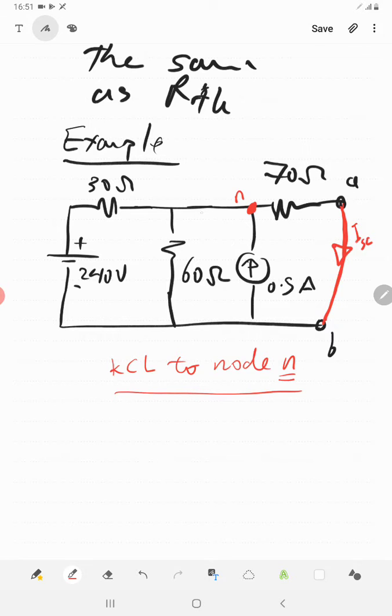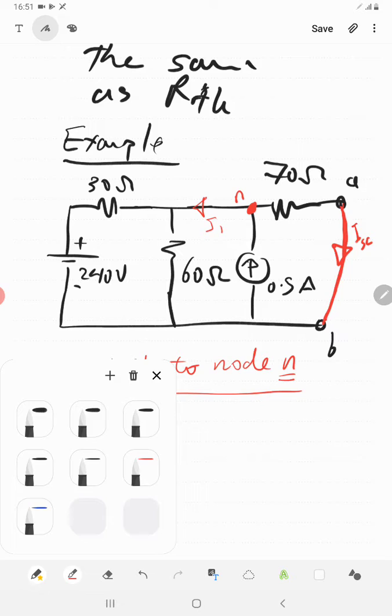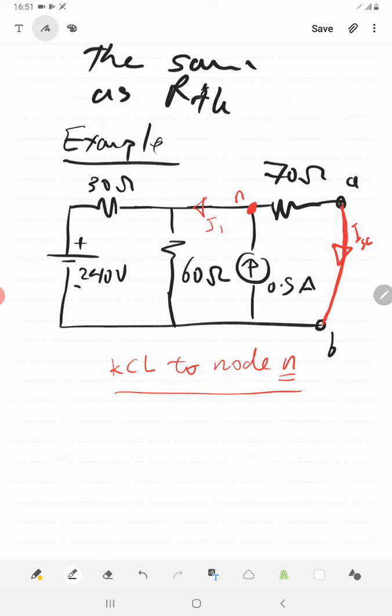Let's assume that what we have here is I1. Then I1 plus I short circuit equals 1.